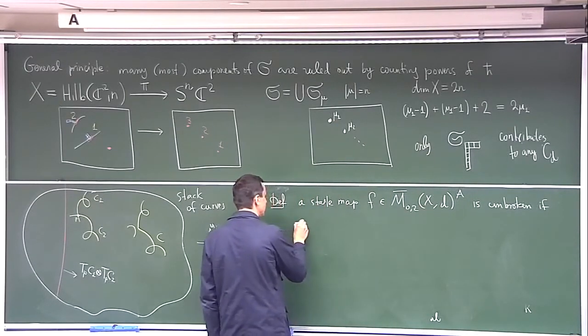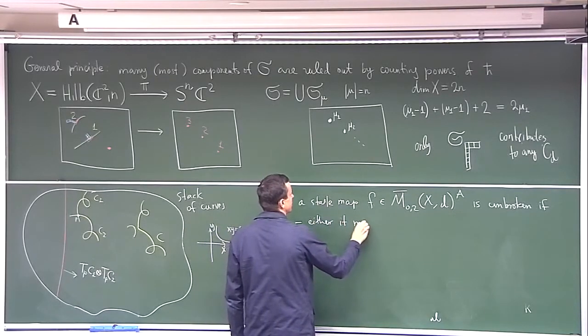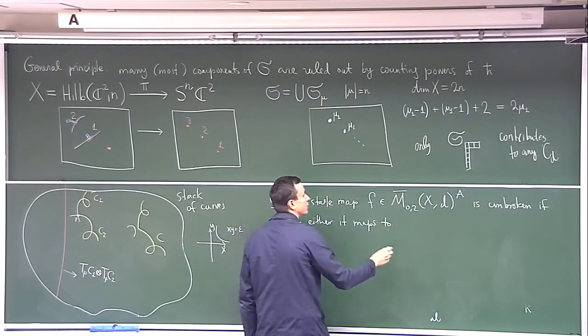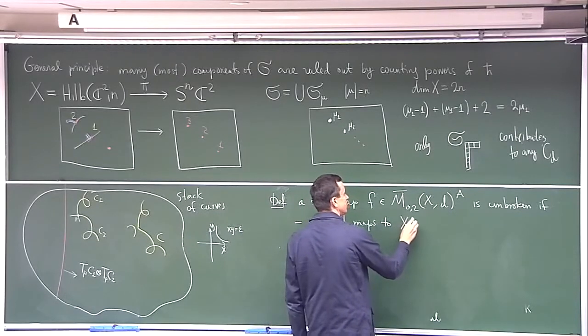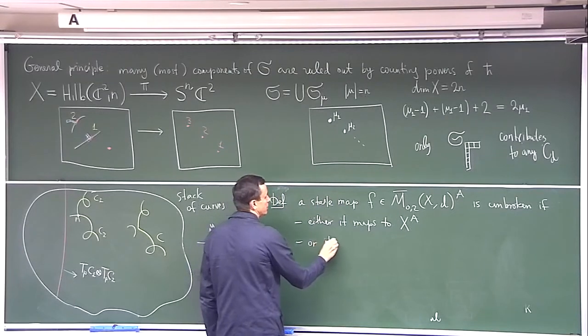Either it maps to the fixed locus, or it is an unbroken chain.